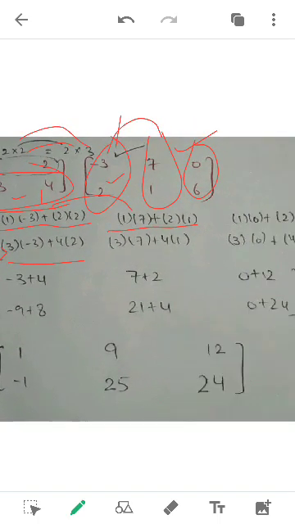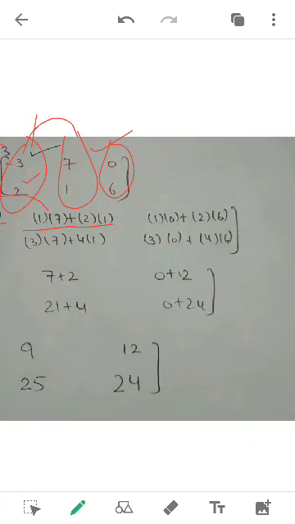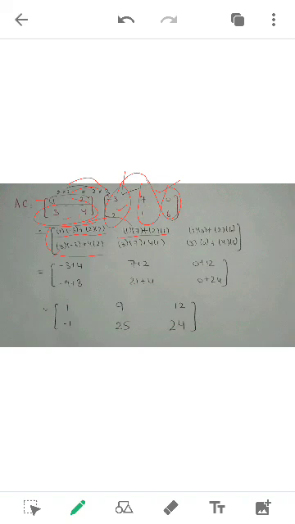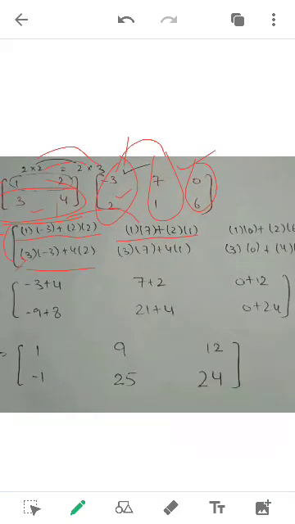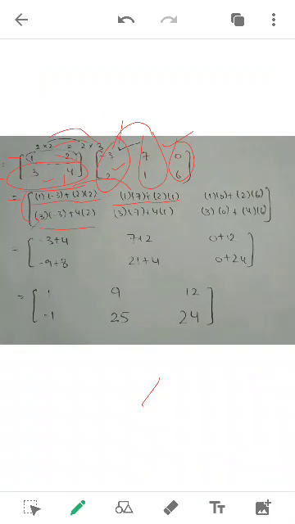Then this row will be multiplied by this column, 3 into 7 and 4 into 1, and similarly for the last column. And after that, it's just simple number multiplication and then sign addition. You can do that.